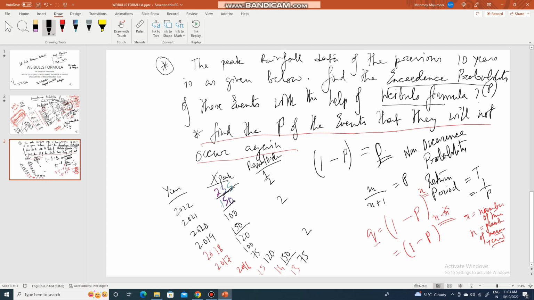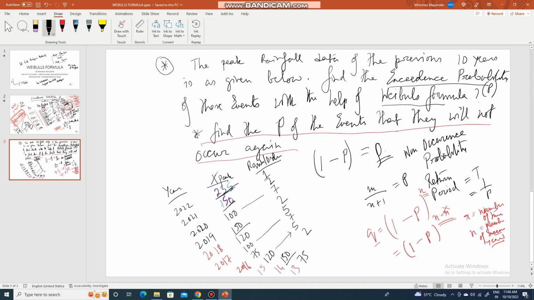The next one will be in the fifth position. The fifth position storm, I think, is 120. So this one is 5, and there is another duplicate here, 5. Correct. So 2 positions taken, 5 and 6. The next one will be 7th. Let 100 be the 7th. Then this one also has a duplicate, so 7 and 8 are taken.